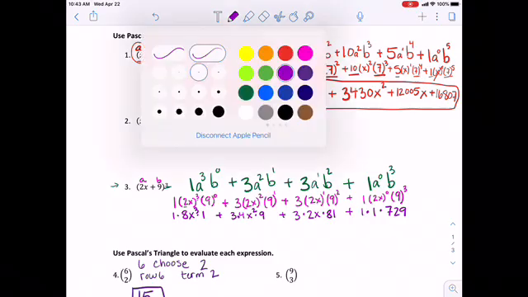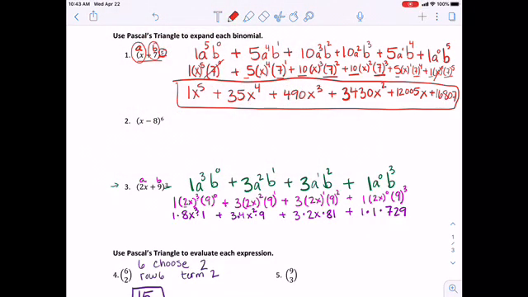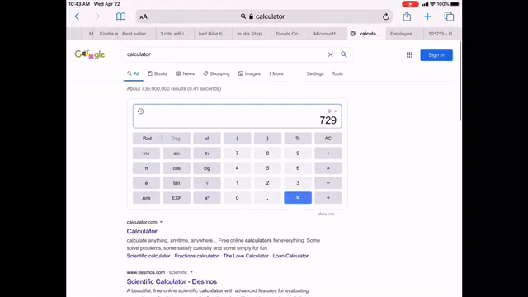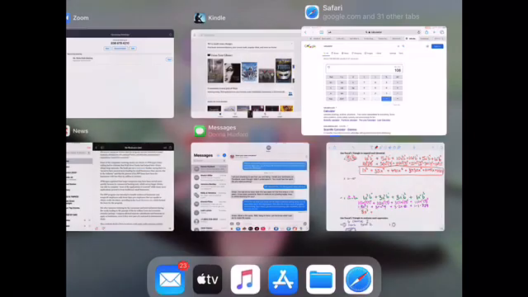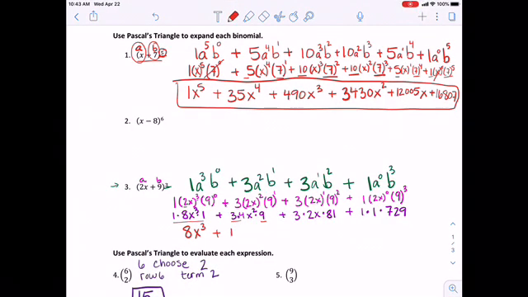Alright, well now if I multiply this out even further, I have 1 times 8 times 1 in this first term, which is going to give me 8x cubed. Plus my second term, 3 times 4 is 12, times 9, I don't know, but let's ask the calculator. 12 times 9 is 108, x squared, plus 3 times 2 times 81.